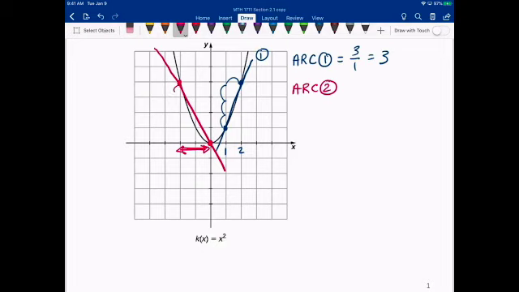I'm going to go down 1, 2, 3, 4, and over 2. So that rate of change on the interval from -2 to 0 is going to be -2. So when you have a nonlinear function, your rate of change is going to be different depending on what 2 points you pick.